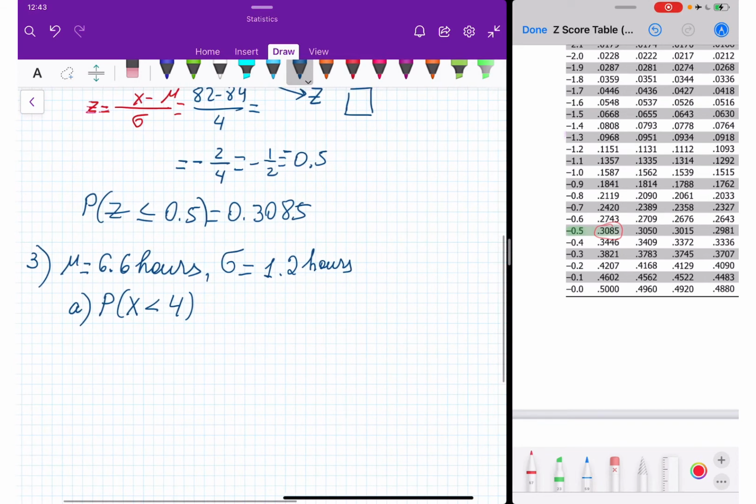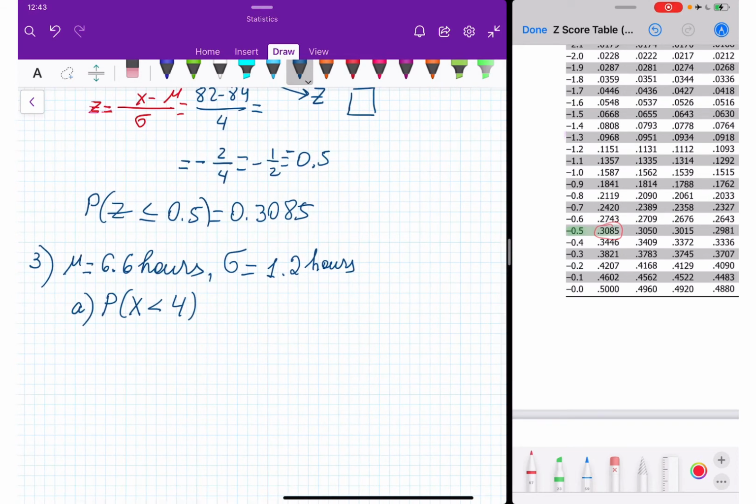Next, B. Find the probability that a student uses a lab computer between 6 and 8 hours a week. And C. Find the probability that the student uses a lab computer more than 9 hours per week.